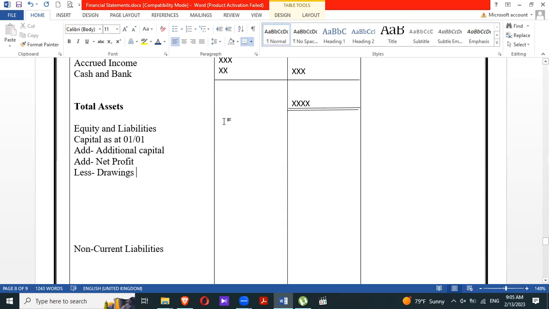Here, let's put some symbols to represent the amounts. To represent the amounts, we have to mention like this. Capital balance I have mentioned like this, and we have to add additional capital, and net profit should be added.